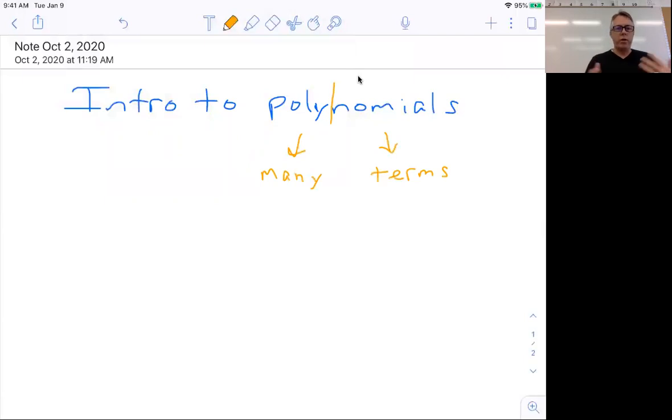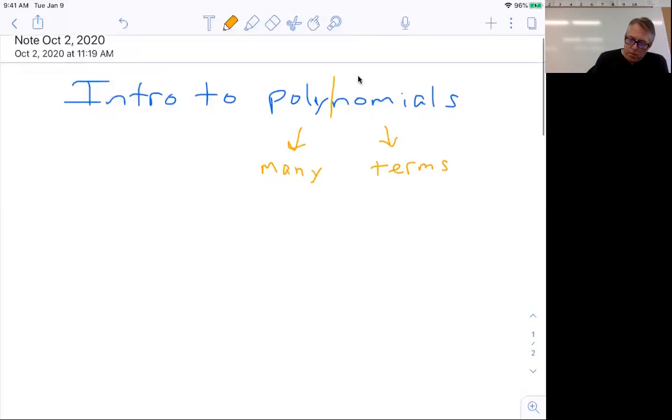Many to you and me, we think of a lot, but it doesn't have to be a lot. It could be two terms. One term actually could be a polynomial, but you could have a polynomial with 100 terms or 1,000 terms. So many is just a way of saying it has a certain number of terms.